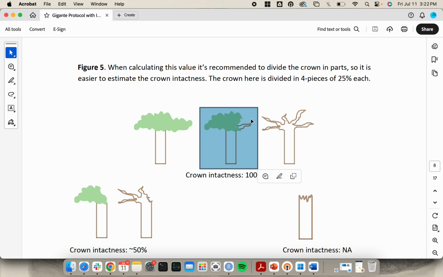As you can see, about 25% of the crown doesn't have leaves. This is a crown intactness of 100 and leaf presence is 0. And this will be crown intactness 100% and leaf presence 100%.